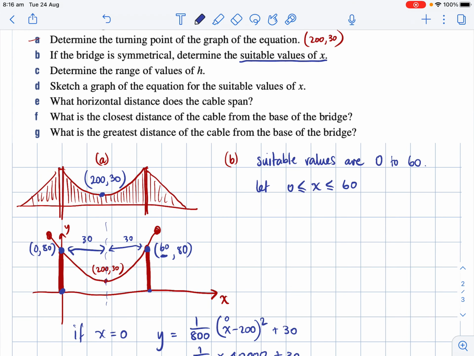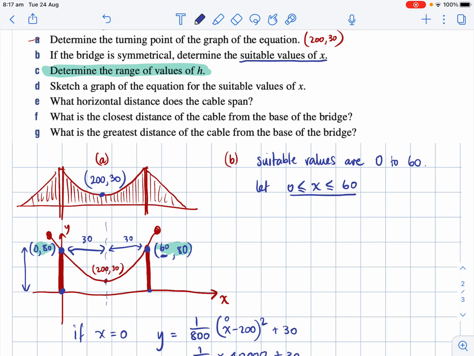All right, part C, determine the range of values of h. So as I mentioned, I'm probably going to answer a future question. And when I found out that we have these points at 80 and 60, 80, what I've actually done is found the range. The range is all of the possible y values.